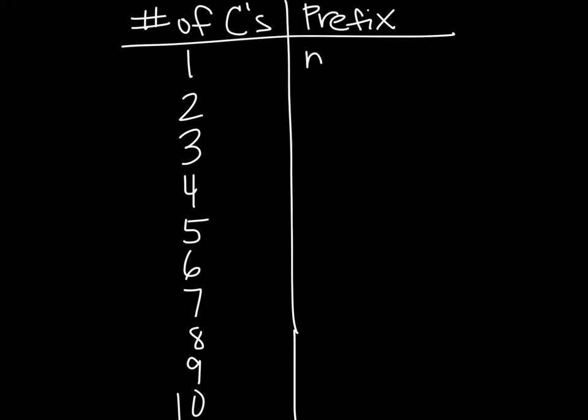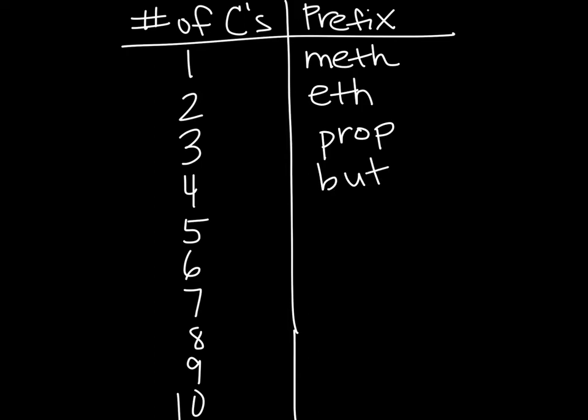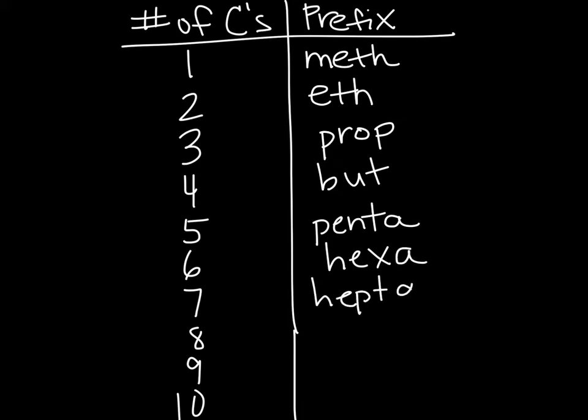So 1 is meth. 2 is eth. 3 is prop. 4 is bute, pronounced bute, but it looks like but. 5 is pent, or you could do penta. 6, hex, or you could do hexa. 7 is hept, or you could say hepta. 8 is octa, or you could just say oct. 9 is nona, or non.